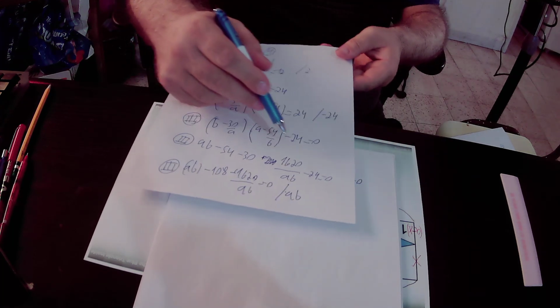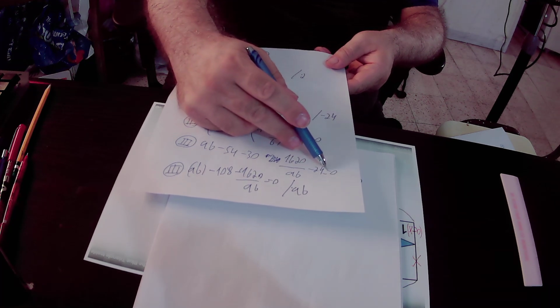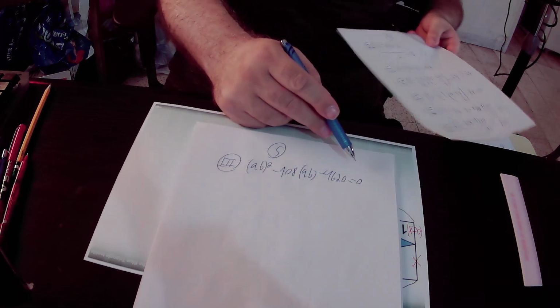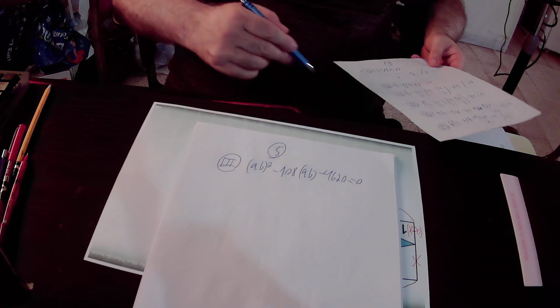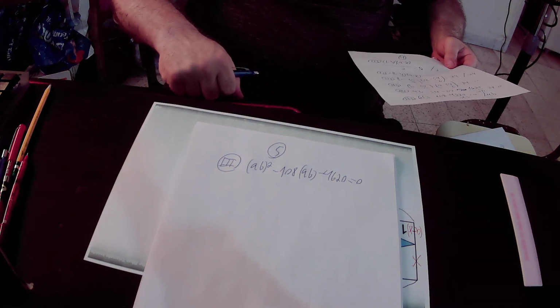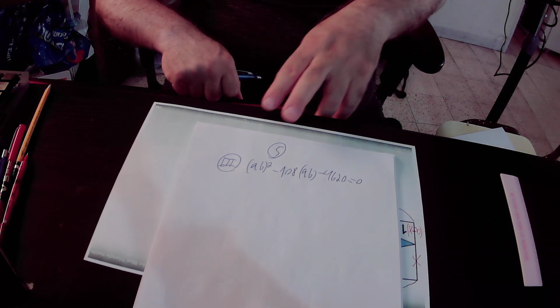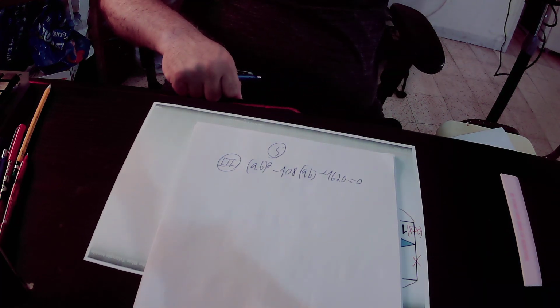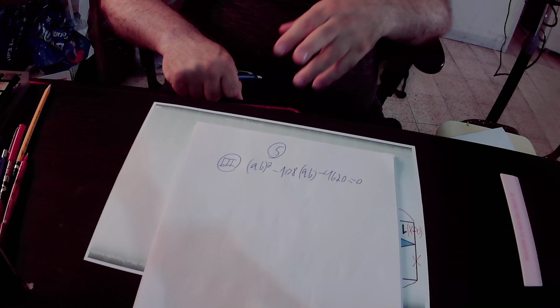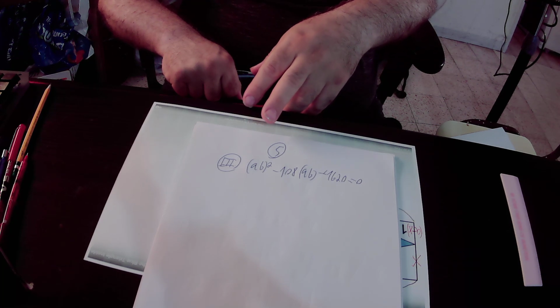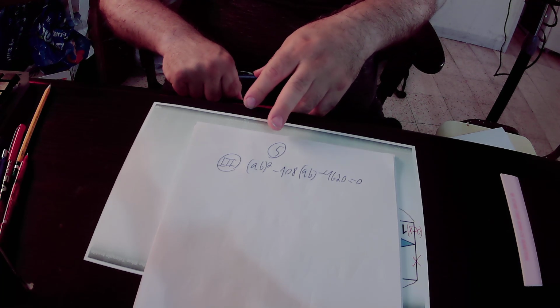And 0 times AB equals 0. So we actually got a quadratic equation, and the variable of this quadratic equation is A times B.